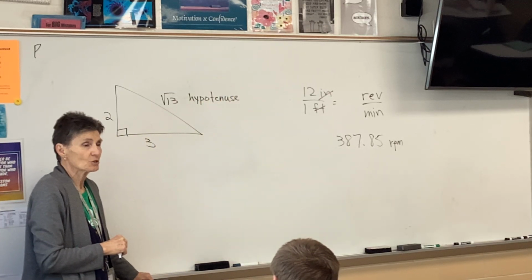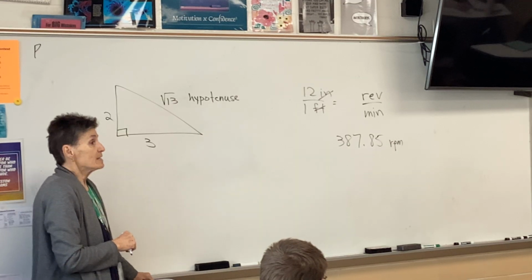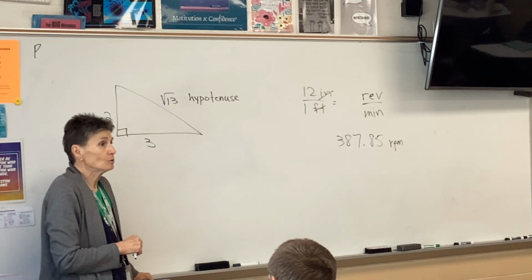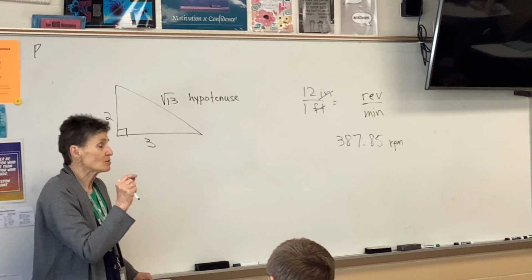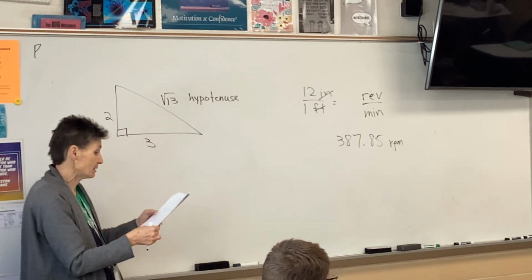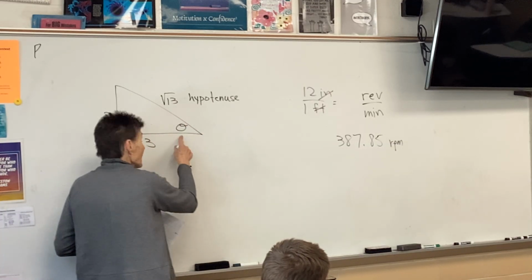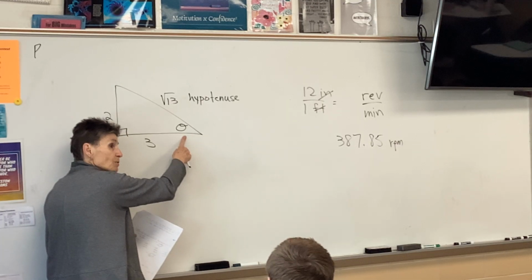Now, the other 2 sides, the legs of the triangle, are referred to as opposite and adjacent. And that depends totally on which angle you're using in the problem. In this triangle, the angle we're using is marked. That is your theta.